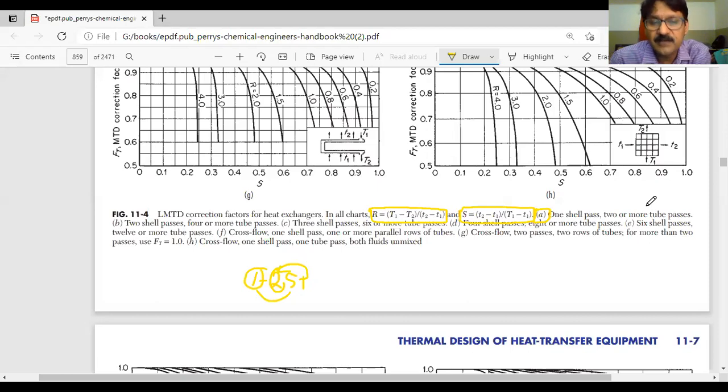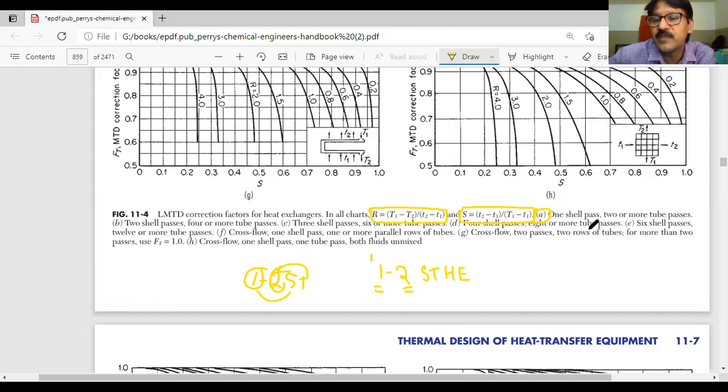Later we'll see. Sir, can you repeat that? In the problem statement, it asks to design a 1-2 shell and tube heat exchanger. 1-2 means the first number always refers to the shell pass, the second number refers to the tube pass. So you have 1 shell pass, 2 or more tube passes.